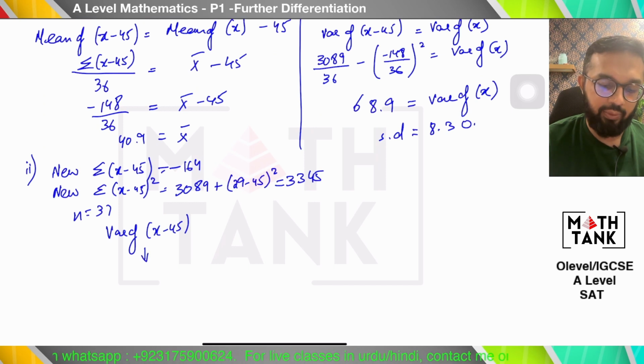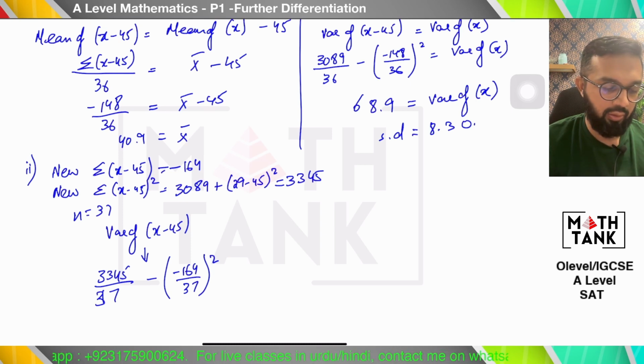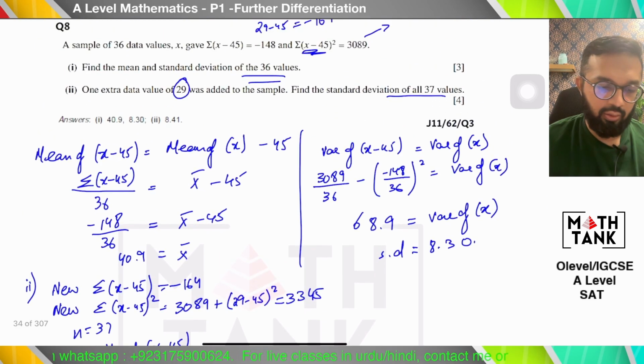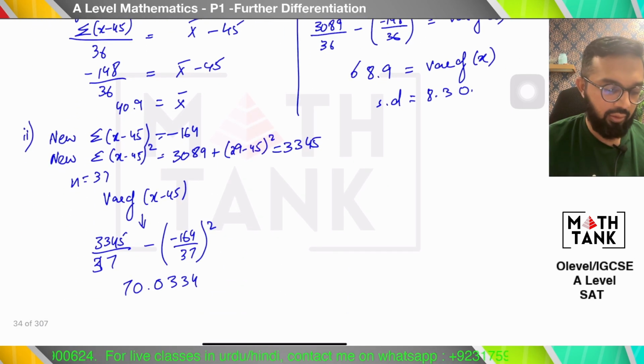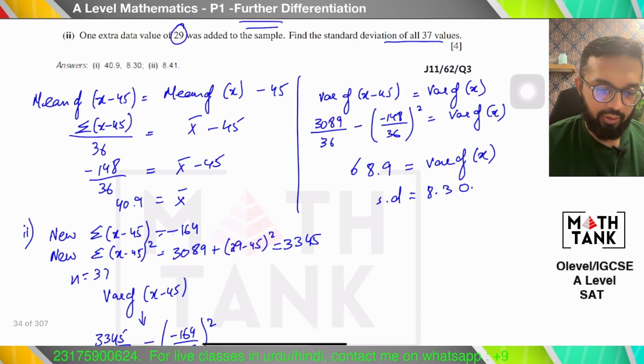How would I find that? I would say 3345 divided by 37 minus 164 over 37 squared. Right, I'm just taking a root of this so that I can find the standard deviation. 8.37.